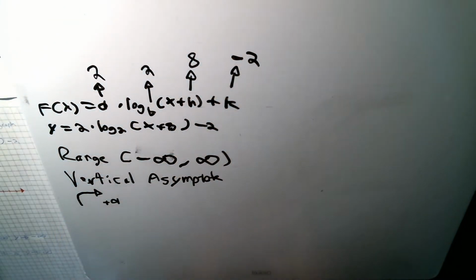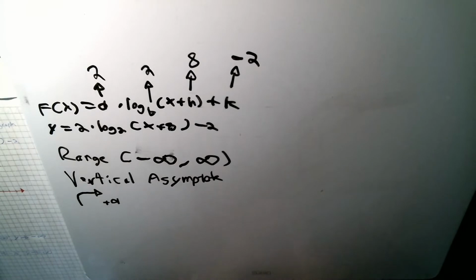Now we're going to take a look at another of the values. h is 8. Because h equals 8, we know that the vertical asymptote moves that quantity of spaces to the other side.